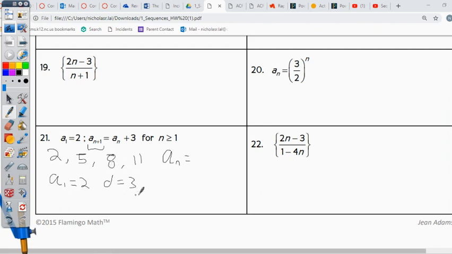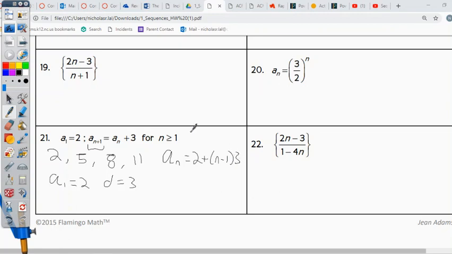So you could get AN is equal to 2 plus n minus 1 times 3.